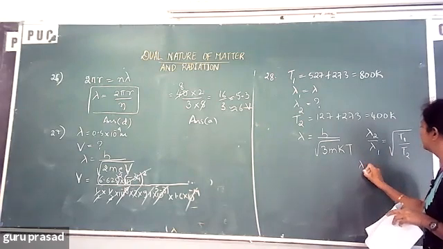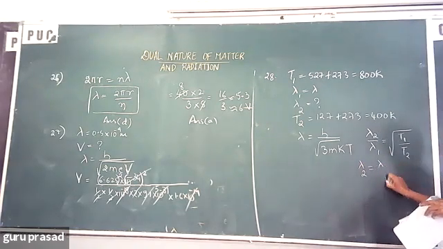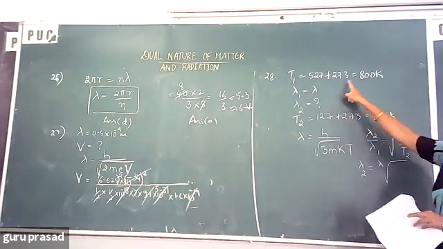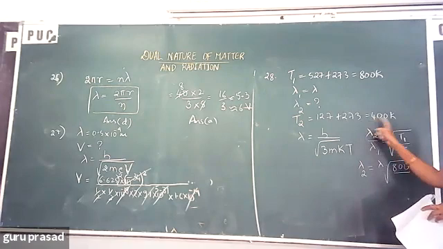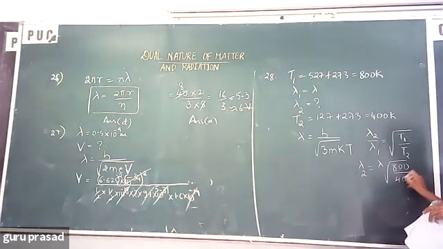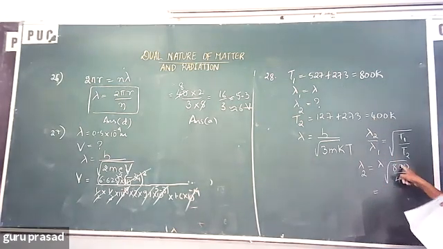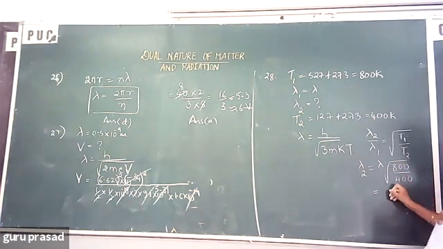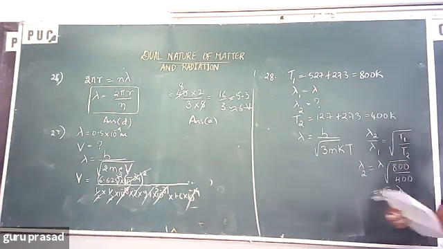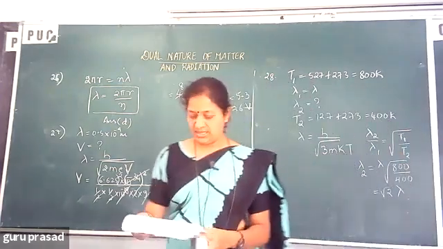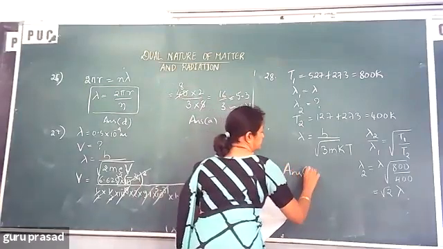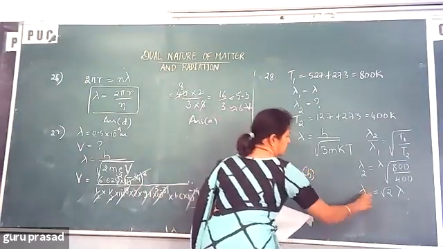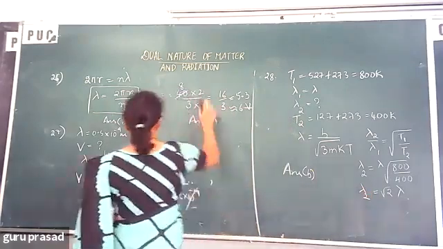So you want lambda 2, which is lambda into square root of T1 is 800, T2 is 400. Therefore it is cancelling twice. So root 2 lambda is the answer. It is answer B. So the new wavelength is root 2 lambda.